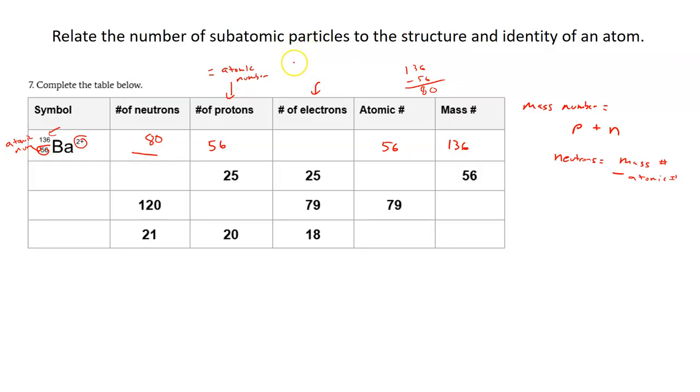So we can just quickly go protons minus charge. So in this case, that would be 56 minus 2, because that's a positive 2. We should get 54.